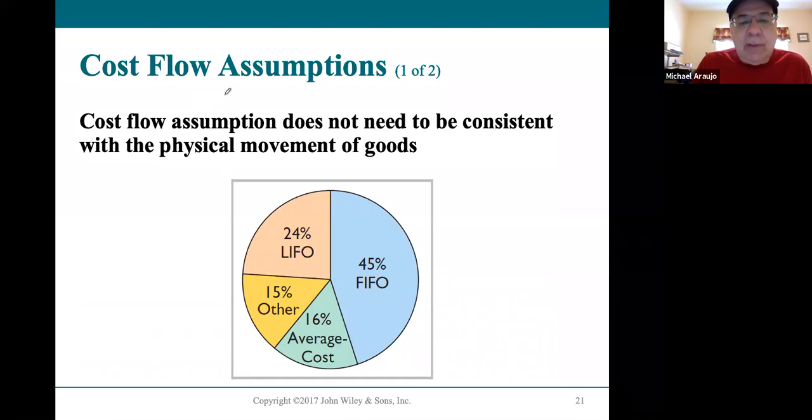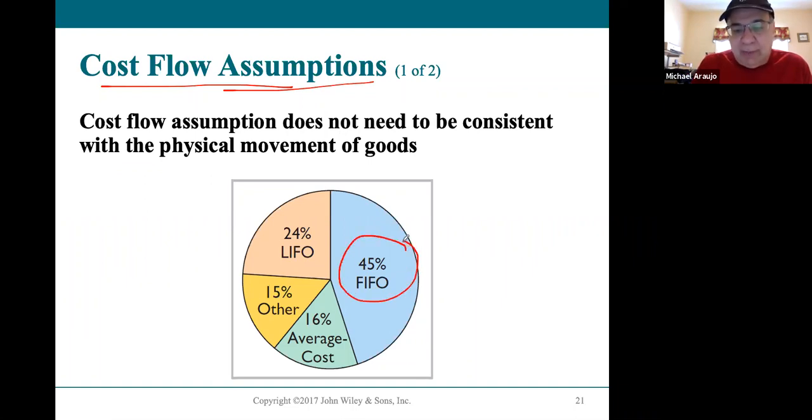Of the three cost flow assumptions, businesses choose which one is best for them. As you see, FIFO, the first in, first out method, is the big winner. Almost half of all businesses that have inventory use FIFO.